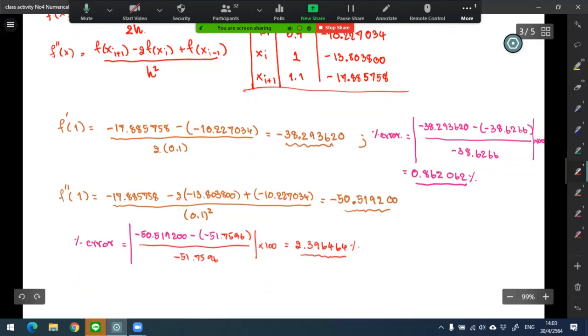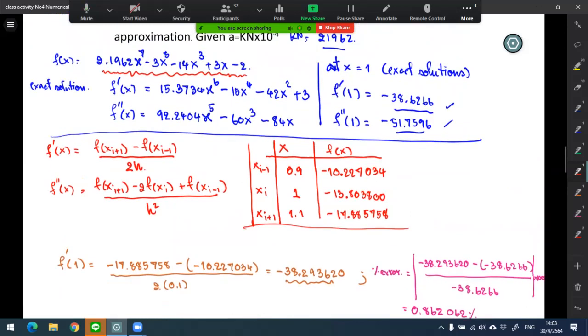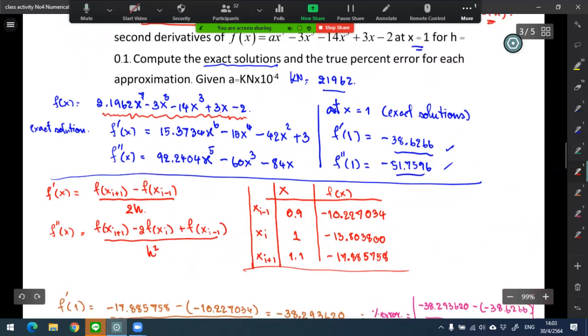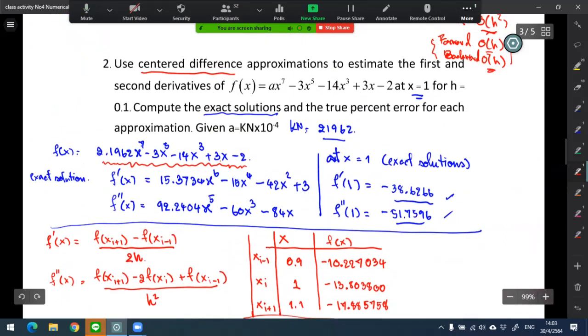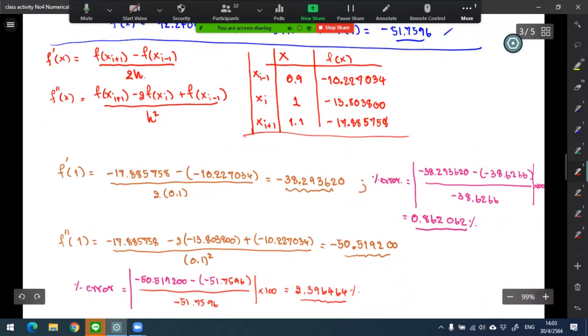So if we know this, when we solve a problem by applying the central difference or finite difference to approximate the differentiation term, we have to be concerned about this error. We may get some error in this case.